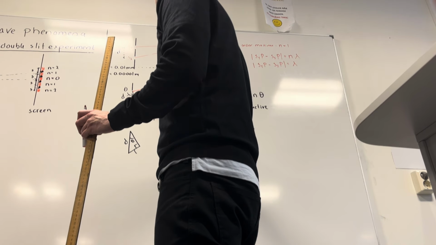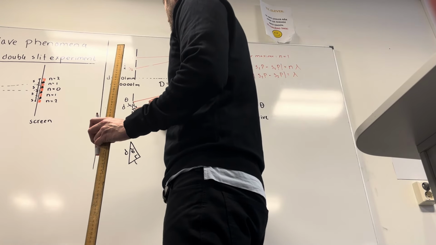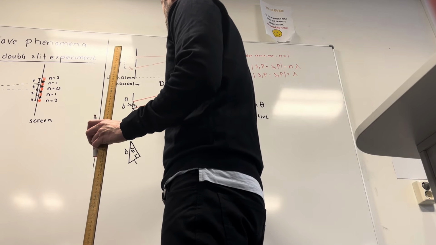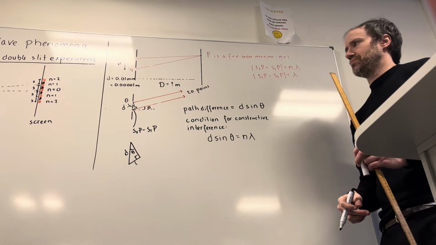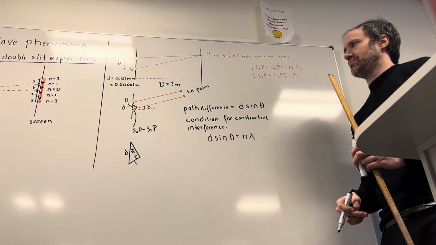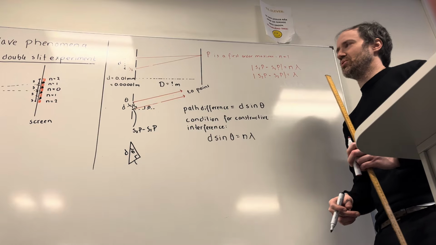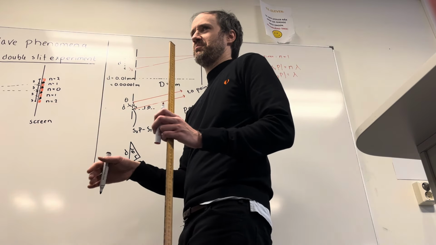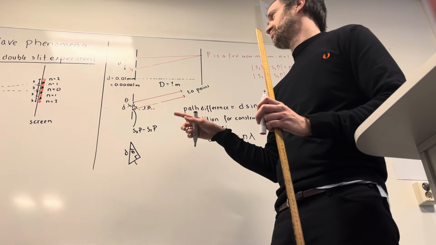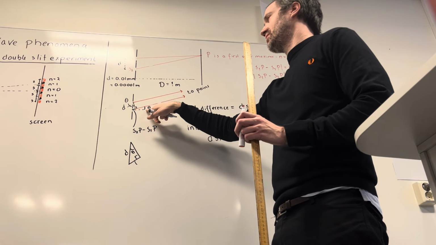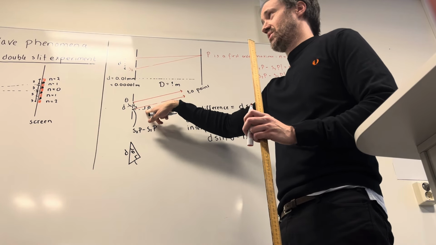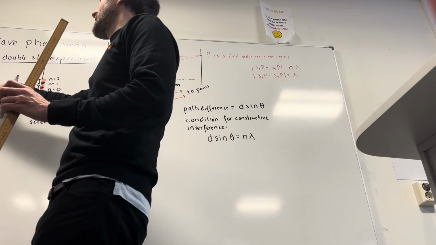If I draw this line here, and I have this theta, then that angle here will be theta as well. Because there was 90 degrees between. So this angle here will be this angle here.